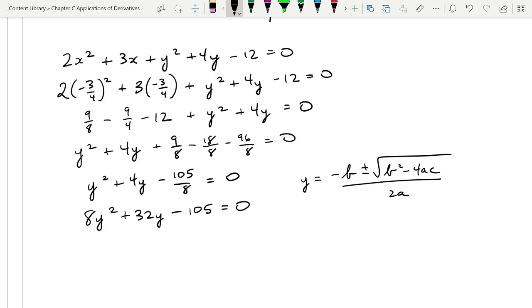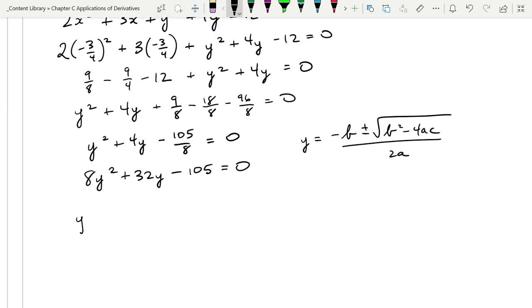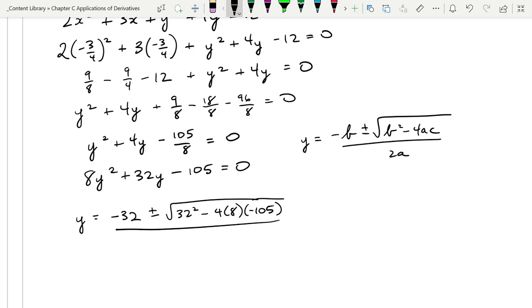So let's plug in the numbers that we have here. We have y equals, and b is 32, so negative 32 plus or minus the square root of 32 squared minus 4 times 8 times negative 105 all over 2 times 8.